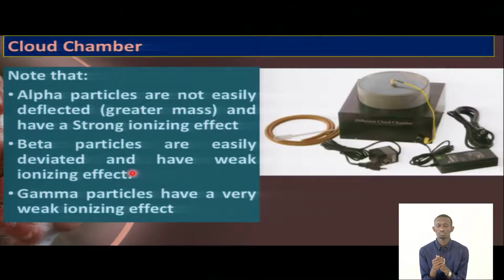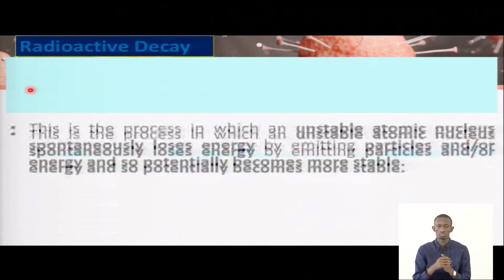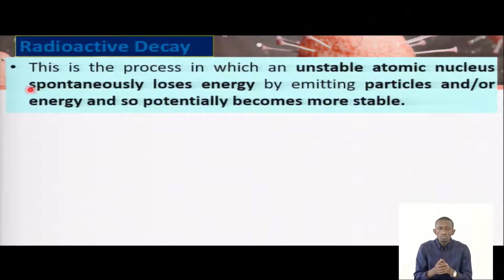Okay, so then let's change to the point of radioactive decay. So what is radioactive decay here? I hope you remember the definition. We defined this one in a previous lesson.